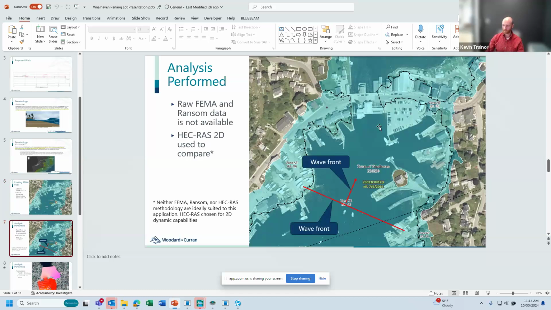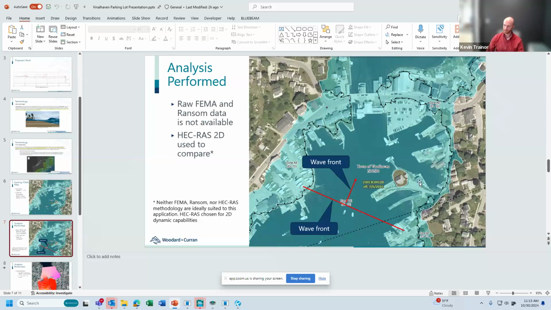What we do have is the information that's published in the flood insurance study, and so we have the still water elevation, and that's about it for this specific location. They did not publish the wave height out here for this transect.